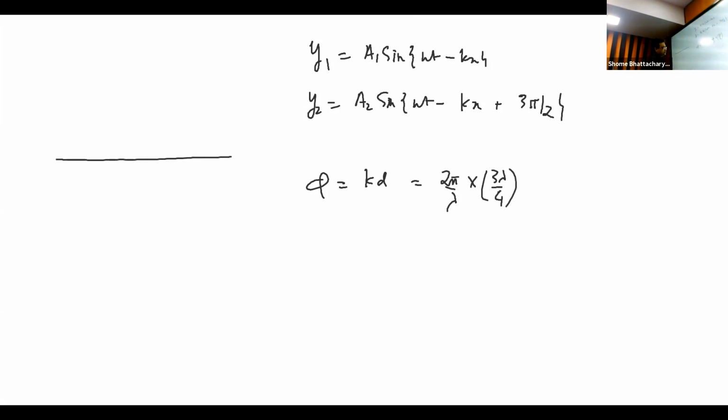This was our situation. The wave from source S1 was like this, and the source S2 was placed over here, and therefore that wave was going like this. So I'll try to draw a more accurate diagram. Let me see if I can manage that.